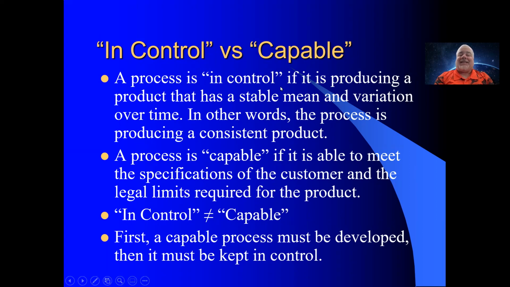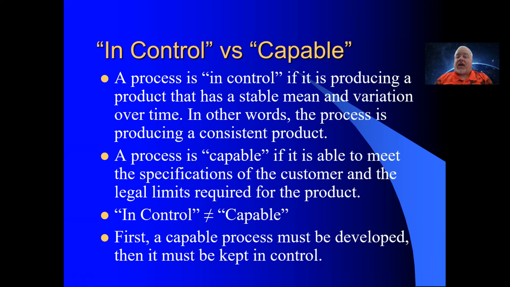A process is in control if it is producing a product that has a stable mean and variation over time. In other words, the process is producing a consistent product. So let's say I go back to the bagged salads. I'm making 1 pound bagged salads plus or minus a half an ounce.